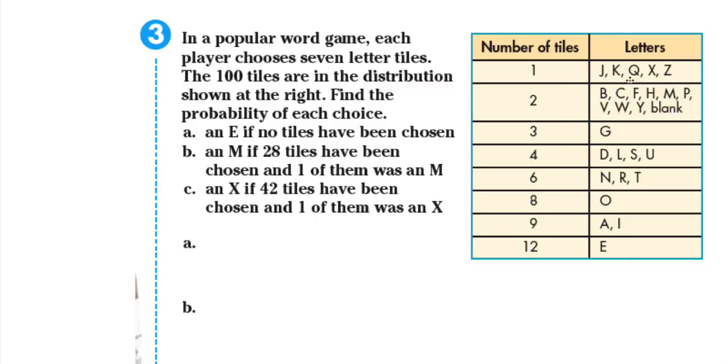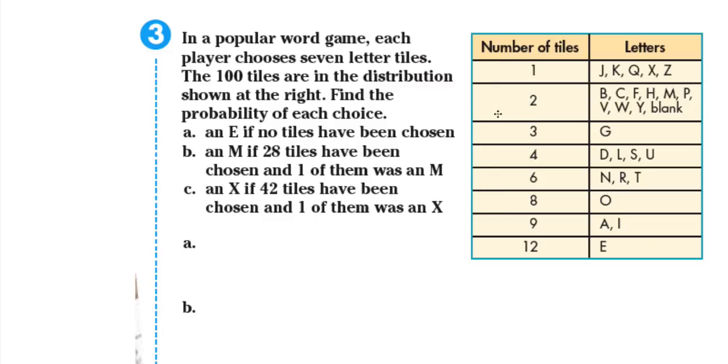J, K, Q, X, Z: 1 tile each. 2 tiles each for B, C, F, H, M, P, V, W, Y, and blank. There are 2 of them in the set, and so on. 3 Gs, 4 D, L, S, U, 6 N, R, T, 8 O's, 9 A, I, and 12 E's. If you notice, the vowels are the most in the game of Scrabble.